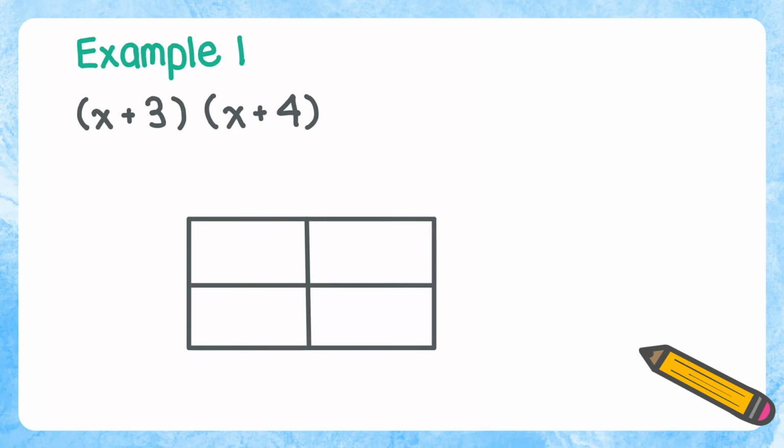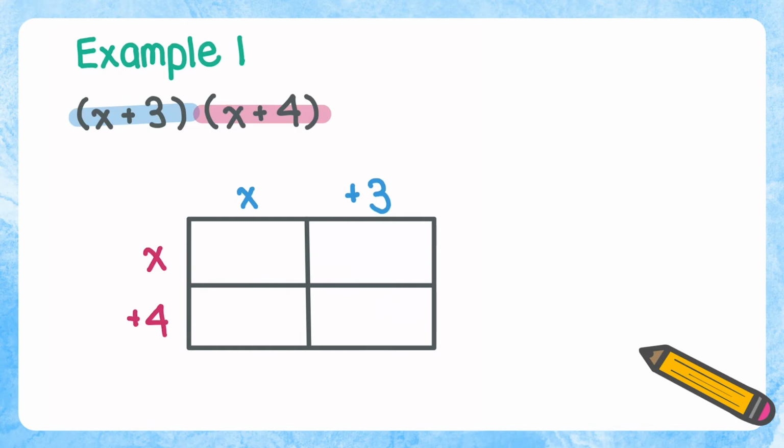Then this x plus 3, I'm going to write up here, x plus 3. And the x plus 4, I'm going to write on the left side like this, x plus 4. So now I've set up the box for the area model.